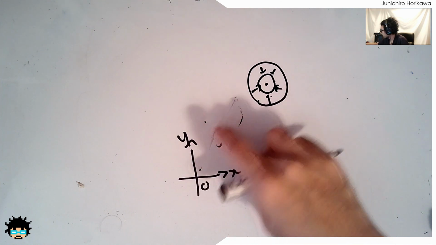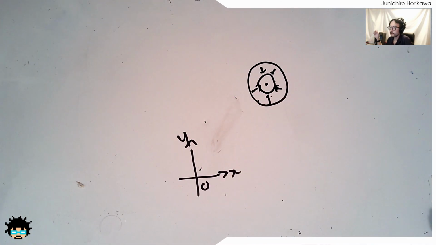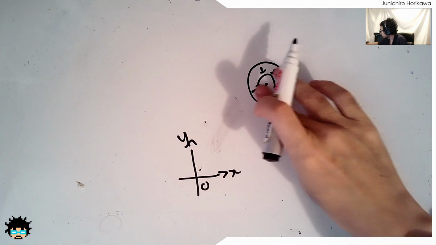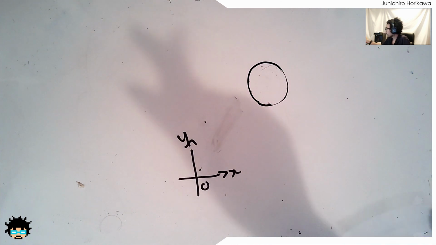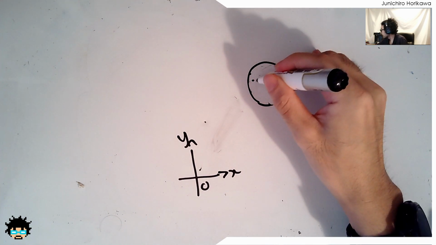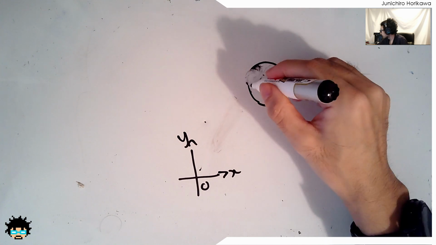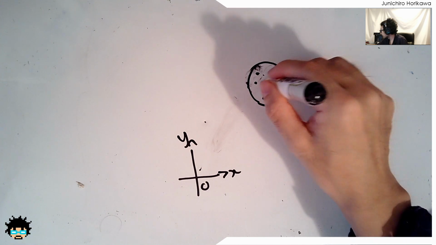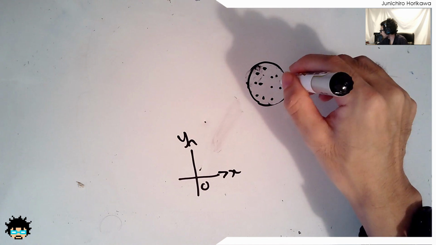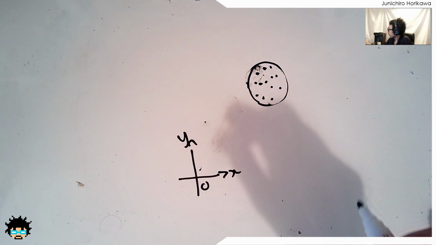Okay, so let's think how we can do this. To scale up the sphere, the first thing we need to do is to access each of the points of the sphere, which is pretty easy to do. We just need to access the point attribute of the sphere, right?